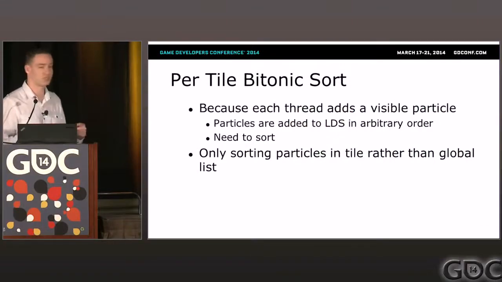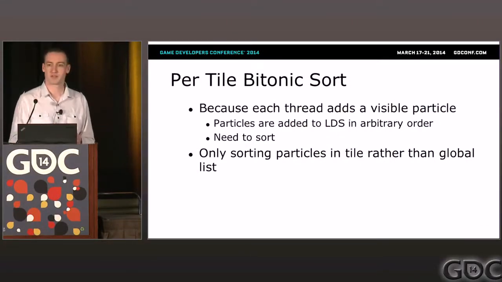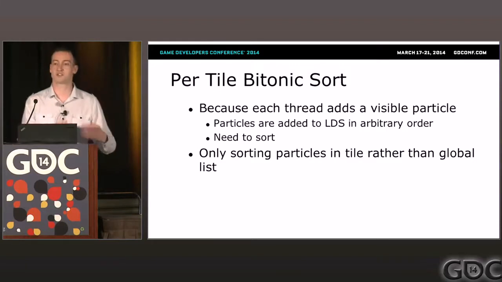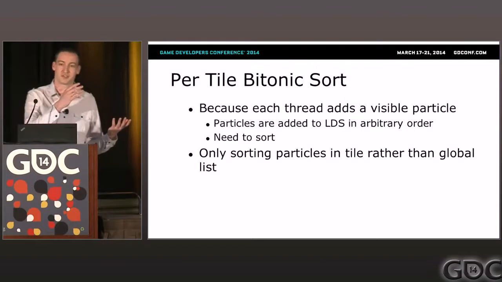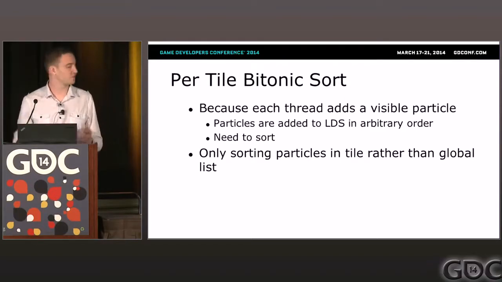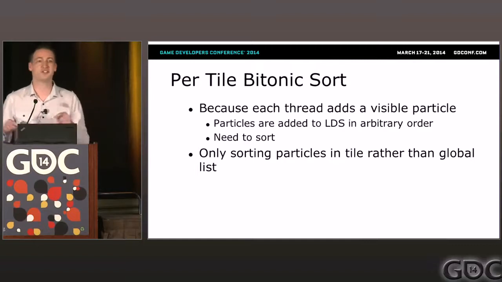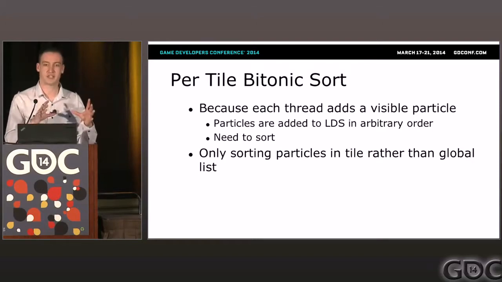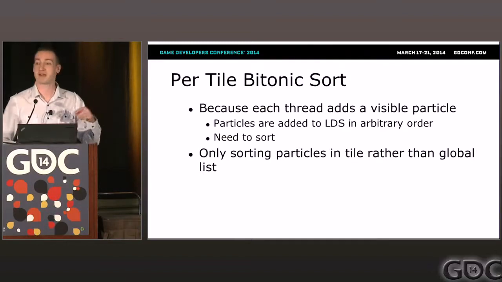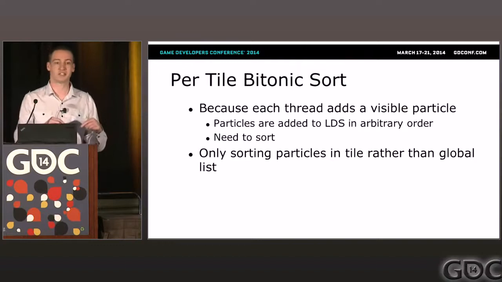So the next thing to do, I need to sort. Sadly, I can't sort beforehand. Like in rasterization, I've got the simulation, the global sort of the buffer, and then I do my rasterization. I actually can't do that in this case, because in my visibility culling, 1024 particles in parallel get added to LDS in just arbitrary order.